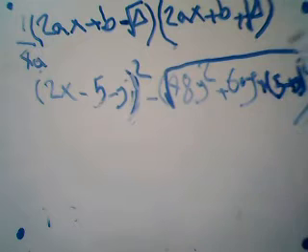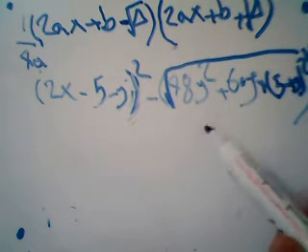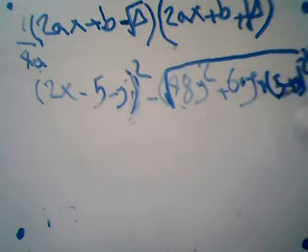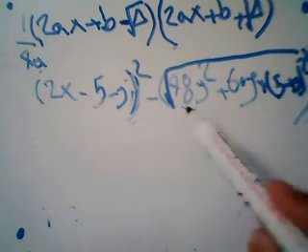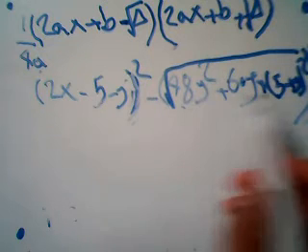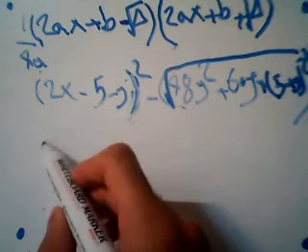So this radical is not, we should get rid of it. How? We should write this as a perfect square. Okay, so let's do that.